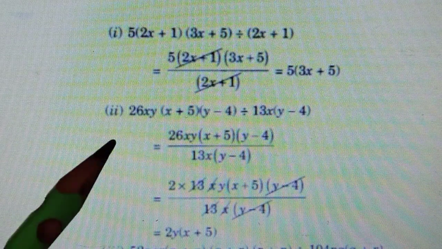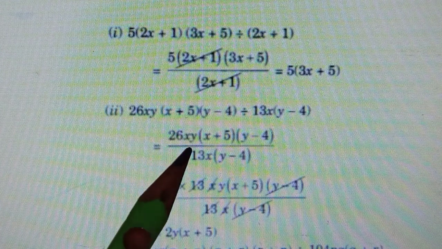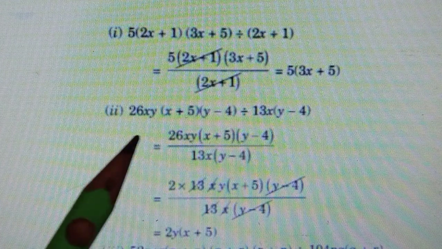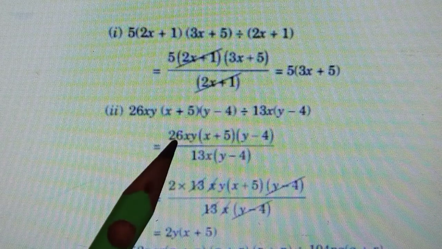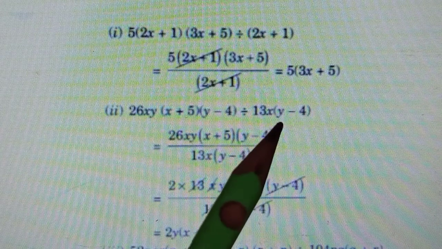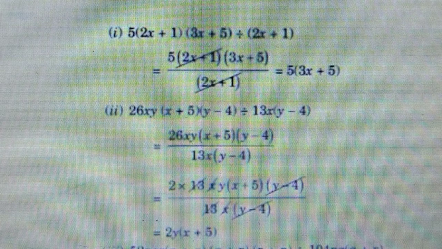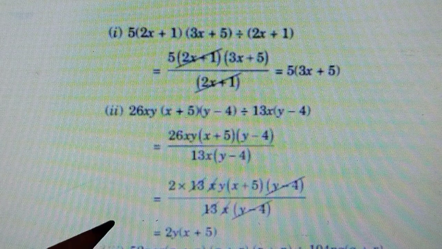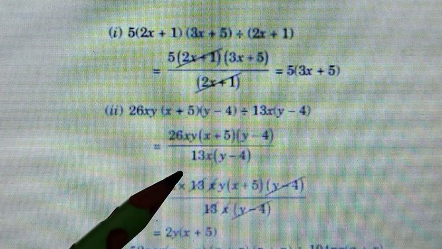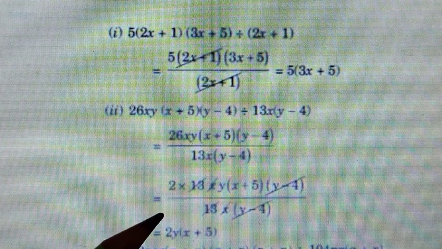Likewise in the next one, see 26xy (x + y)(x + 5)(y - 4). These are the factors in numerator, or the one that has to be divided, and by what you have to divide, you have to put that in denominator, and then you have to see whatever cancelling is possible, like we do in simple numbers. Likewise in algebraic expressions also, whatever common factors can be cancelled, we will, like 13 twos are 26.